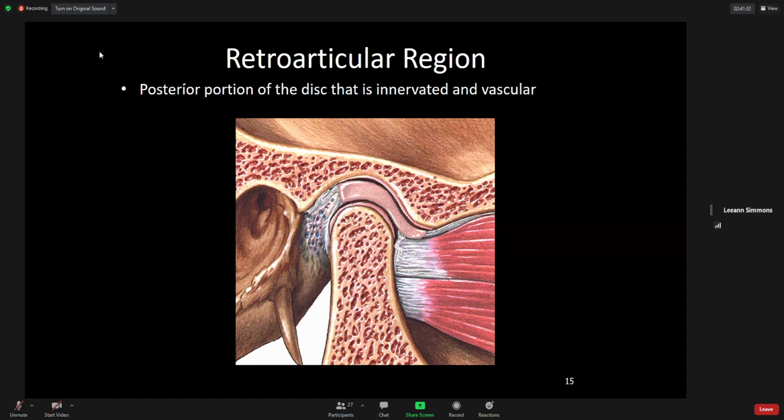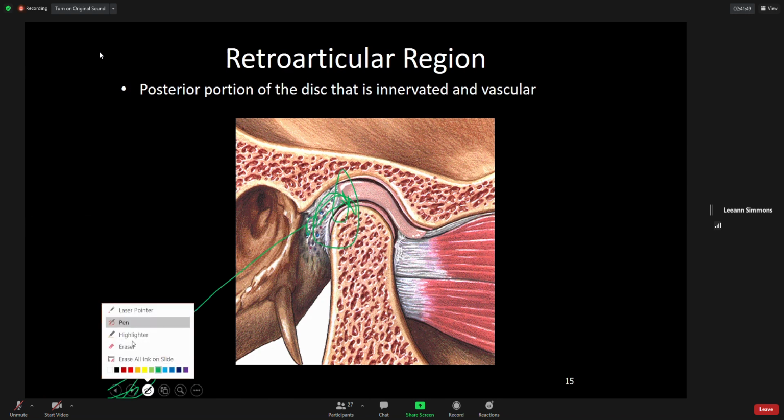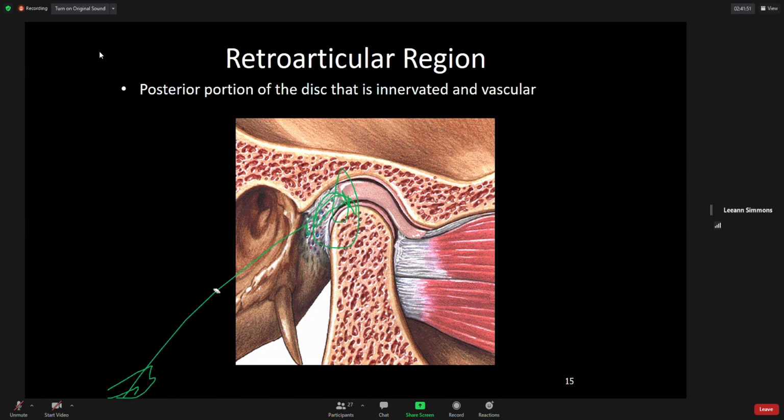And that's something you'll see in these videos, all right? The posterior portion that is innervated is called the retroarticular area. Back here, you see little blood vessels in here.